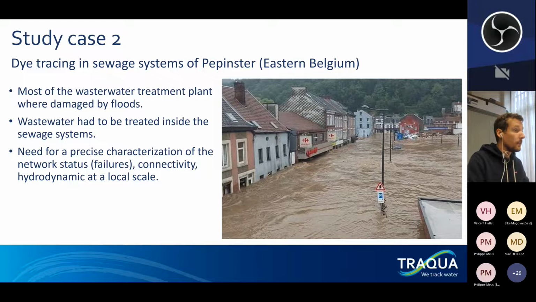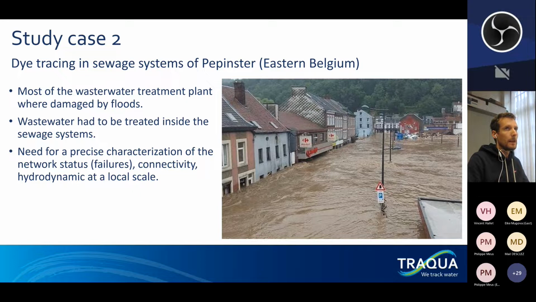This is done by another Belgian company. And for this specific application, they need to have a precise characterization of the network status: identification of leaks, of connectivity, hydrodynamics at a local scale, and speed of the water.